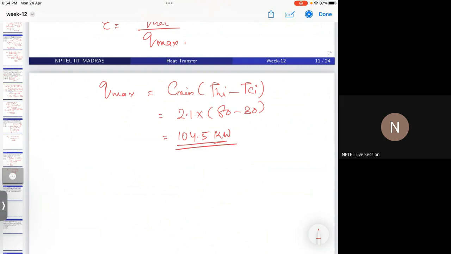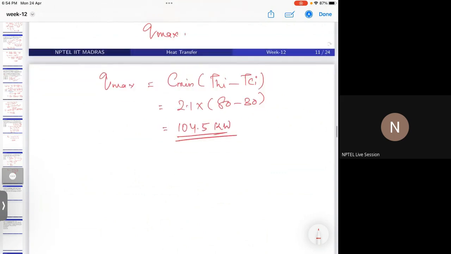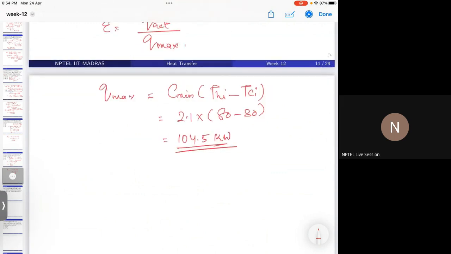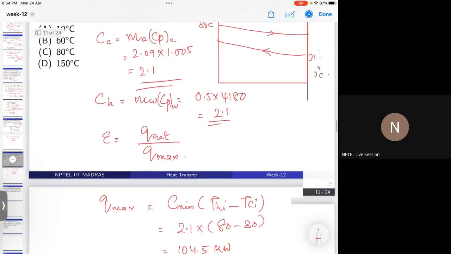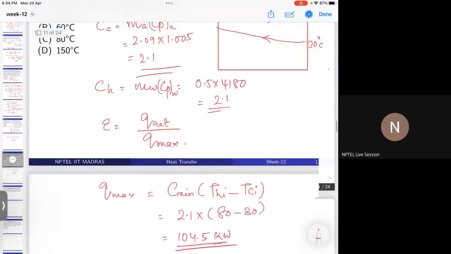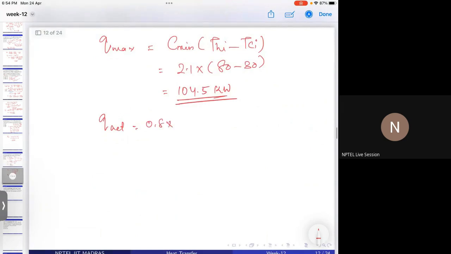I am getting almost like this. Okay, maybe some slight difference is there because I have taken 2.09 as the capacity. This is the maximum possible heat transfer. So what is the Q actual? Effectiveness times this value, equal to 0.8 into 104.5.